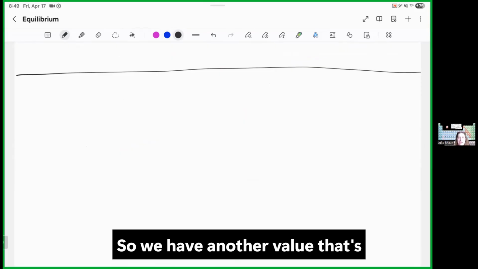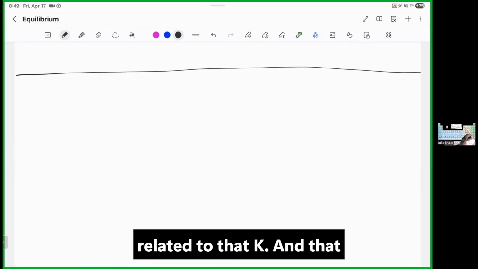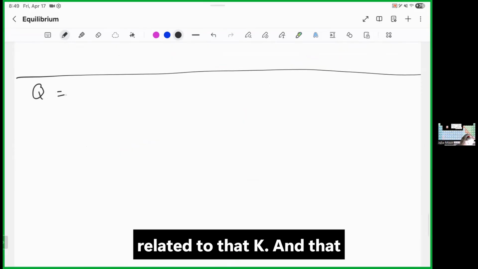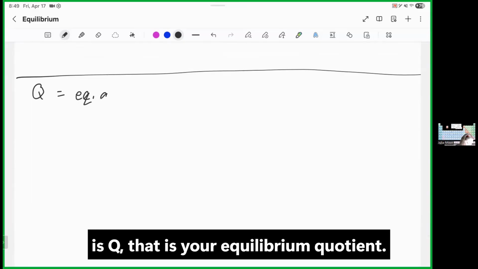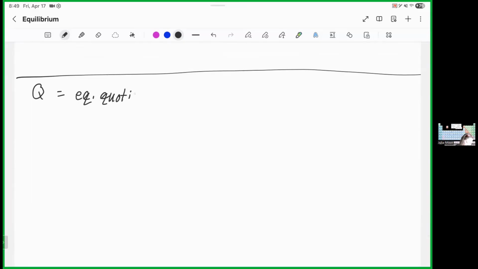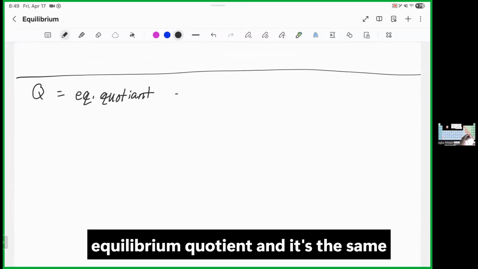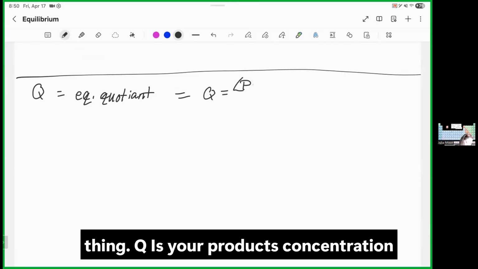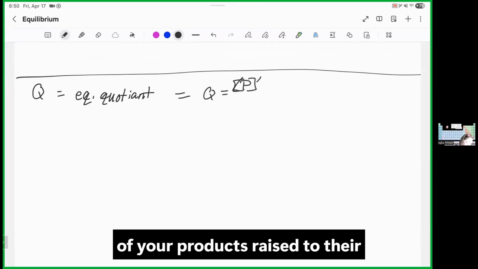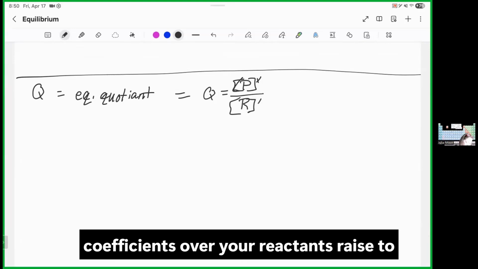So we have another value that's related to that K, and that is Q. That's your equilibrium quotient, and it's the same thing. Q is the concentration of your products, raised to their coefficients, over your reactants, raised to their coefficients.